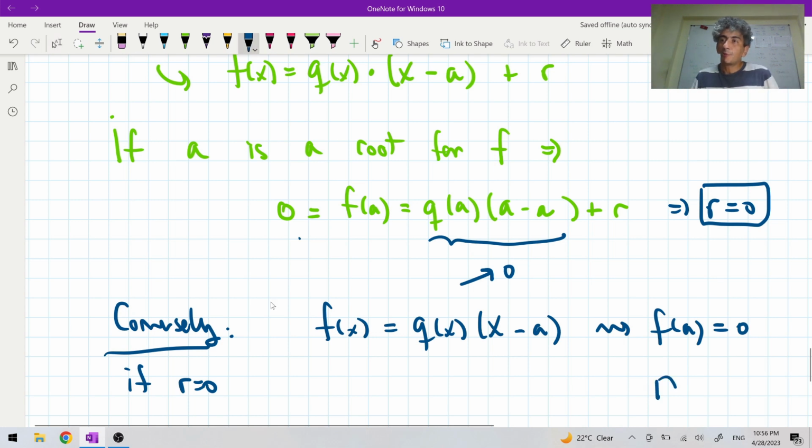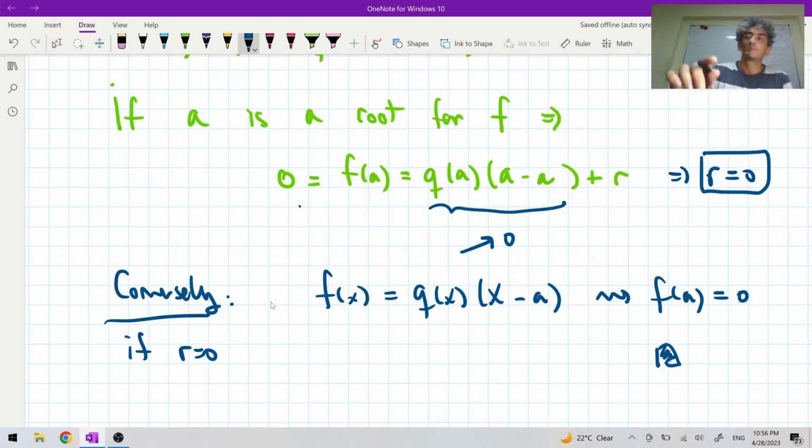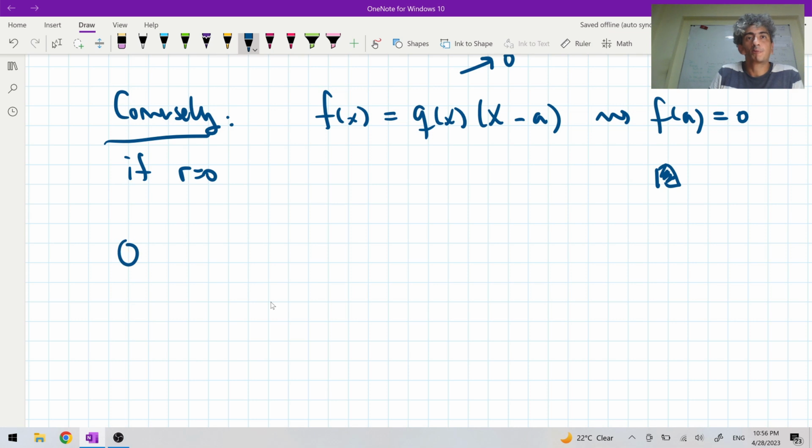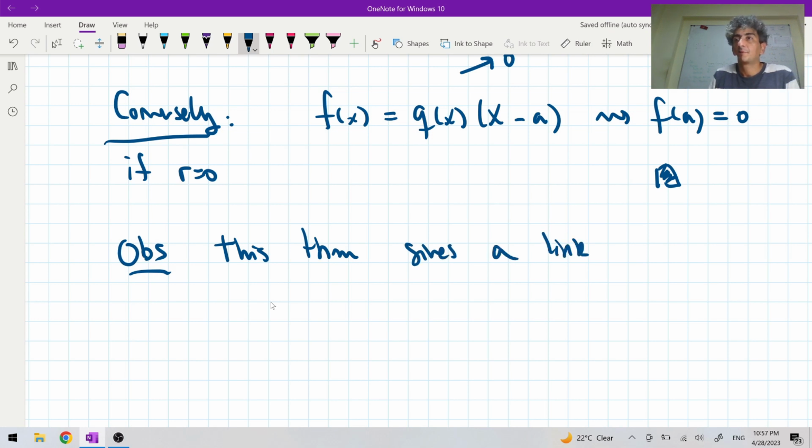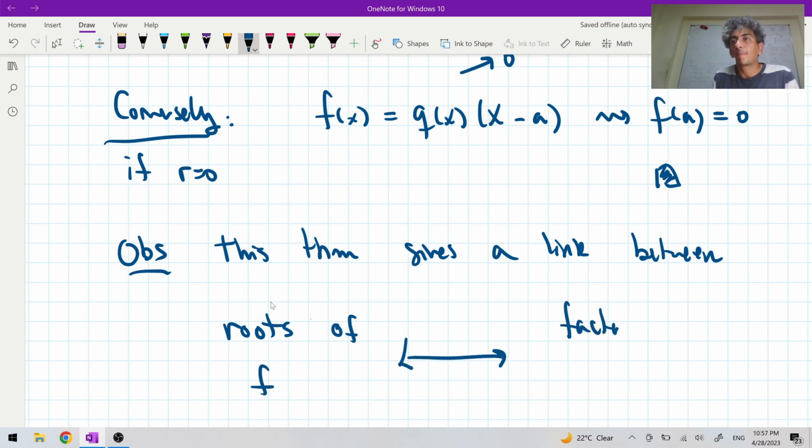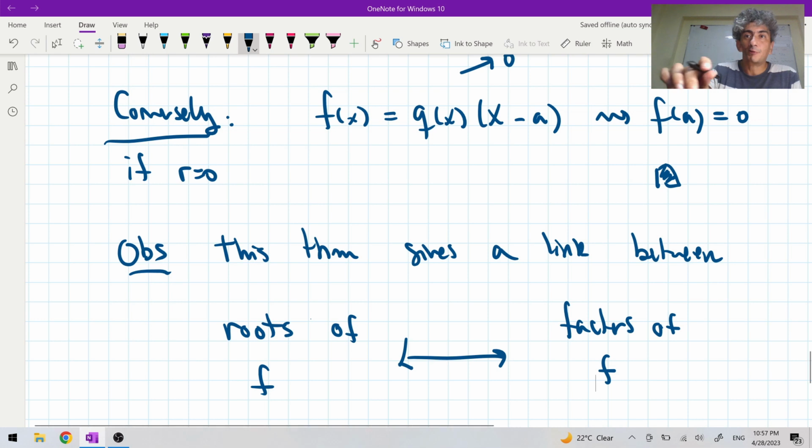So there's a relation, an observation. This theorem gives a link between roots of a polynomial f and factors of f, specifically linear factors.